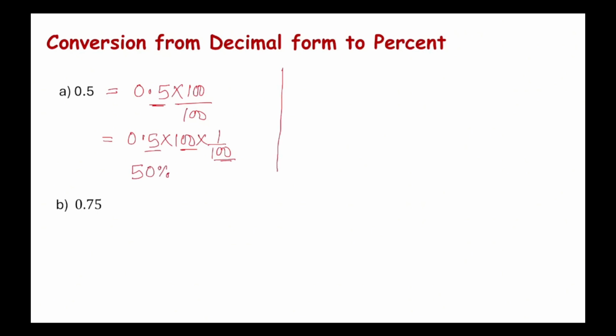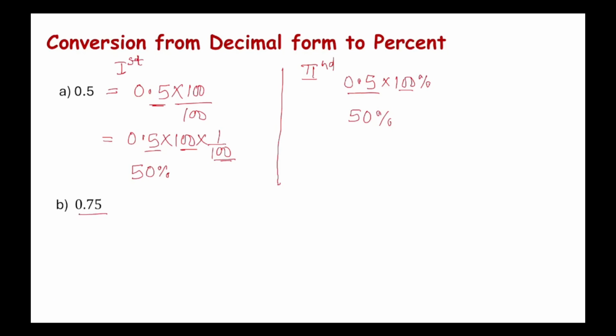Also we can do this question directly: 0.5 times 100%. So 100 times 0.5 will give you 50, and this is percent. This is the second method and this is the first method, and both are correct.